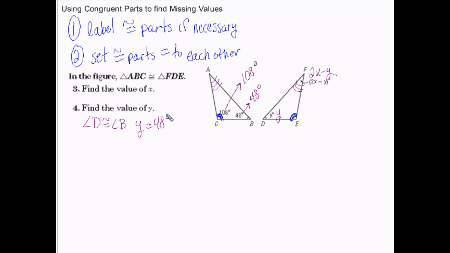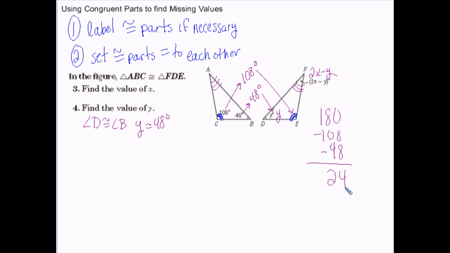And so this is 48 degrees. And angle C and E are the same, so this one is 108 degrees. So far, okay? So we can figure out how much this is from that 180 degrees that the triangle always is. So we take that 180 minus 108 and minus 48 and 24 left over.